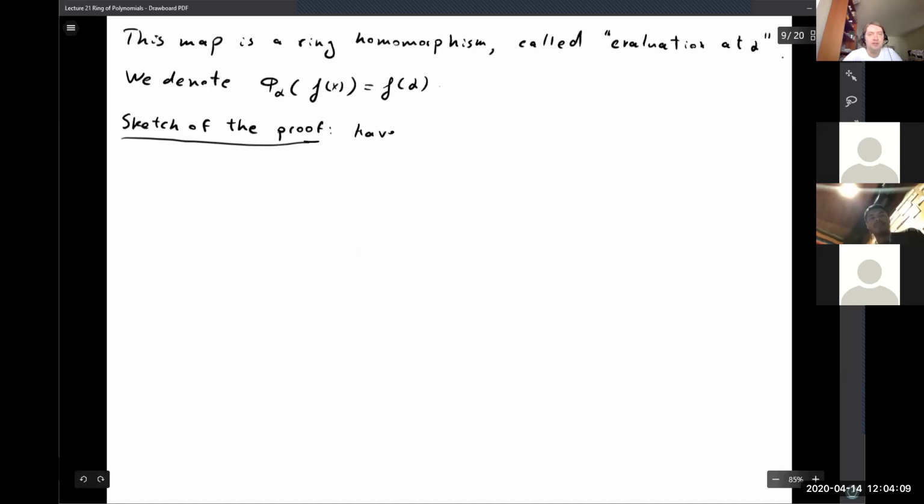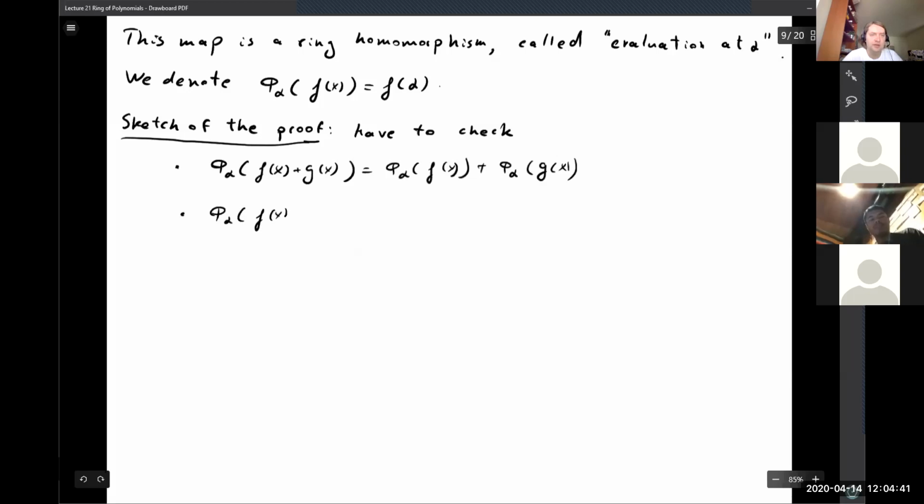So we have to check that phi alpha applied to the sum of the two polynomials f of x plus g of x is nothing but phi alpha applied to f of x plus the result of phi alpha applied to g of x, and same for multiplication.